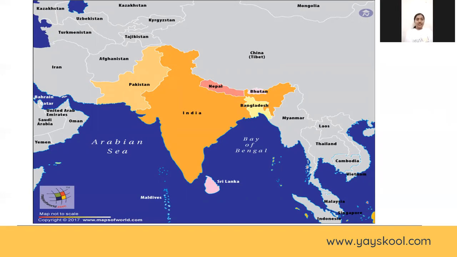So we have taken here the new Indian map. Here you can see India is centrally located, so it shares borders with East Asian countries as well as West Asian countries, and towards the south we have island countries. See here we have Sri Lanka and Maldives.